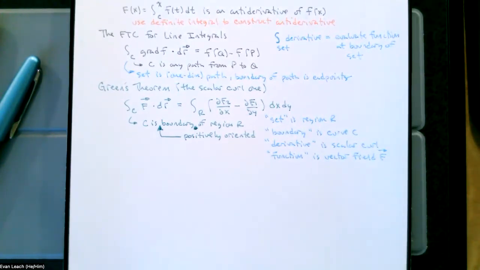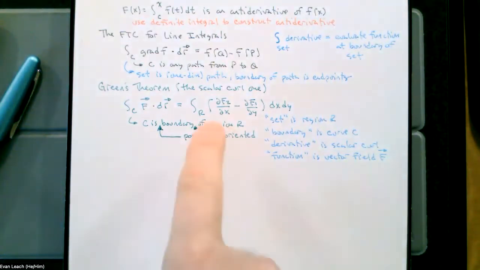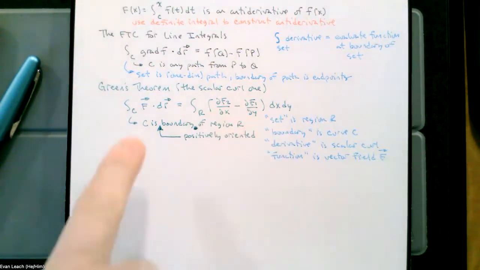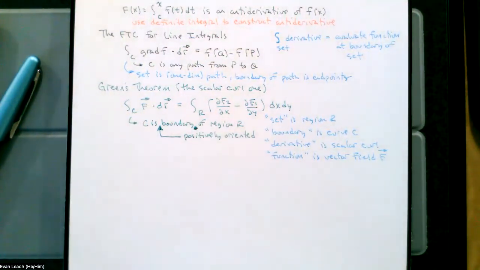When we have a derivative, we can tell what's going on inside by just looking at the outside. We can tell what's going on in the interior by just looking at the boundary.